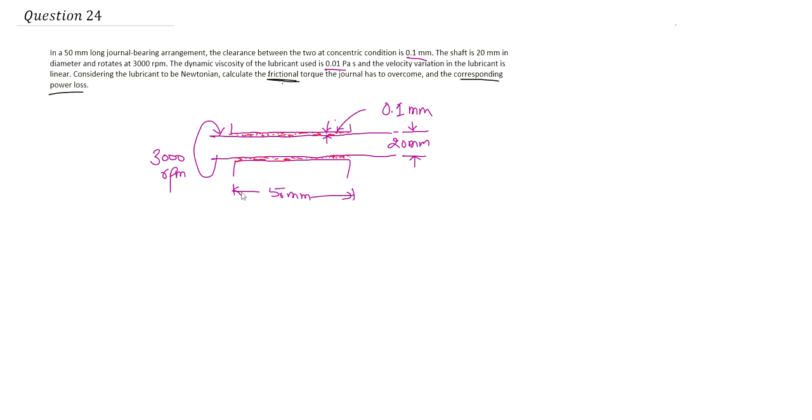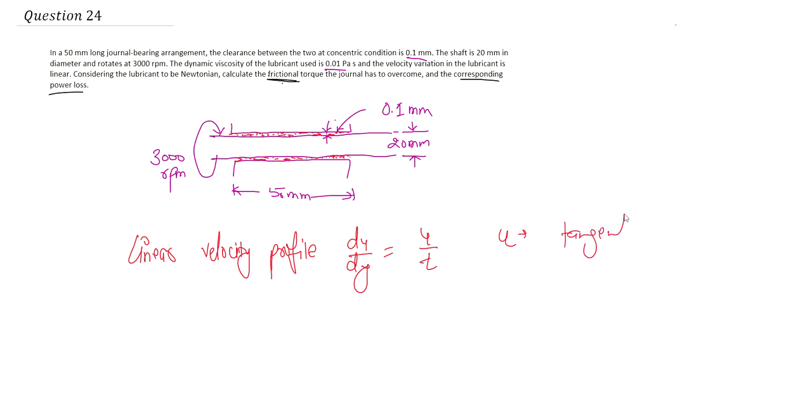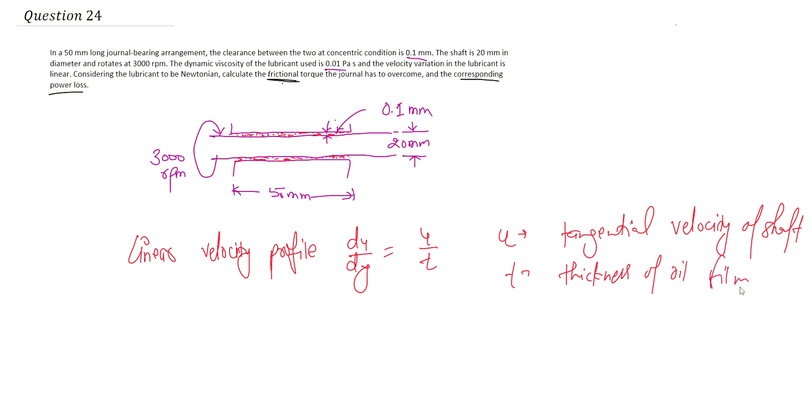Now I hope you know that the linear velocity profile du/dy is equal to U by t, where U is the tangential velocity of the soffit and t is the thickness of the oil film. This is the oil film.